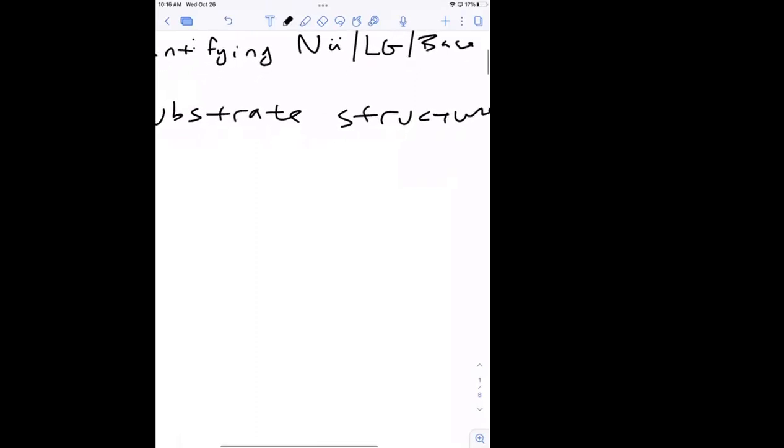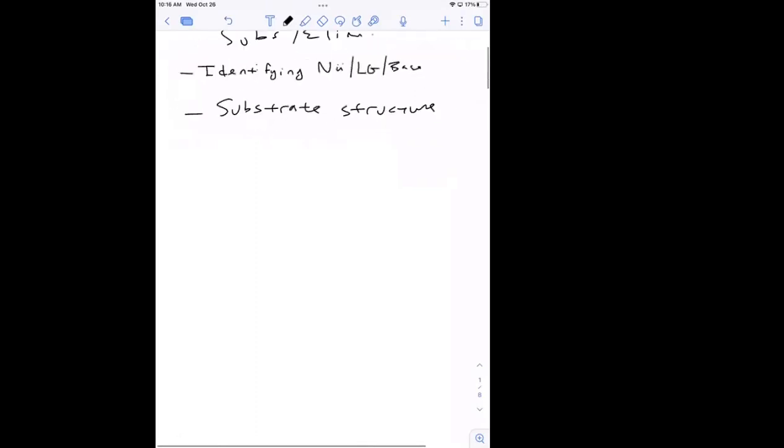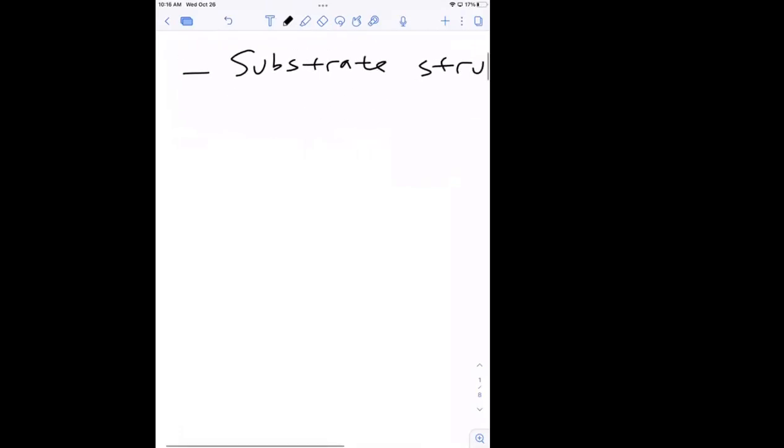Also, we want to look at substrate structure. Is it primary, is it secondary, is it tertiary? That's going to be a big deal. We're going to look at solvent effects.